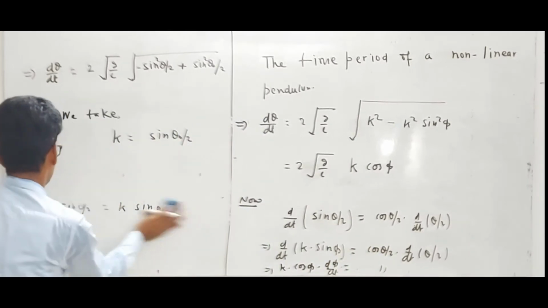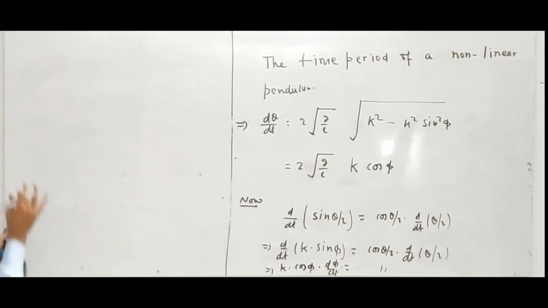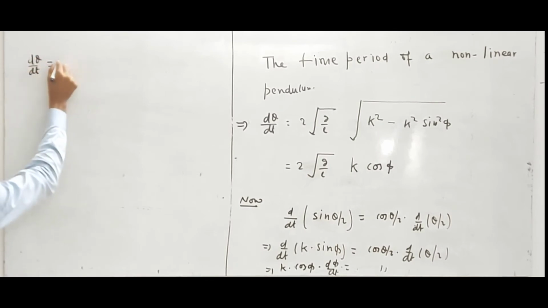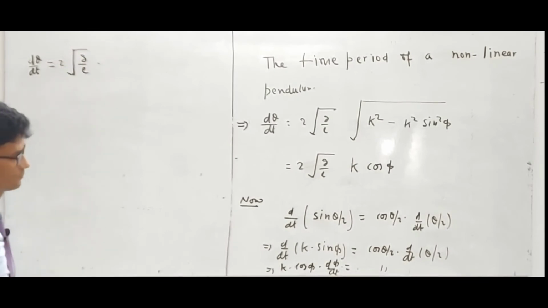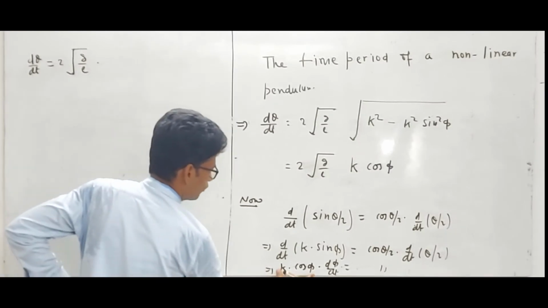Okay? So now we put. So what do we have? d theta by dt is equal to twice under root g over L. So what is k cos phi? Take k cos phi from here.